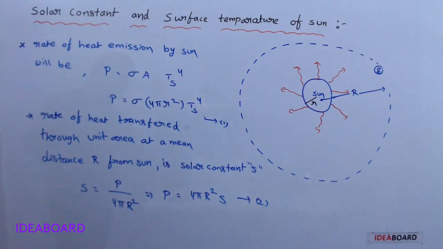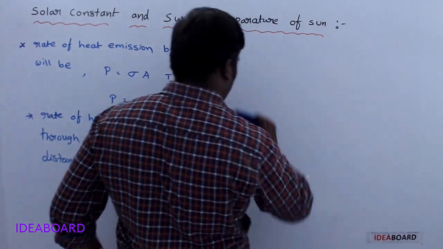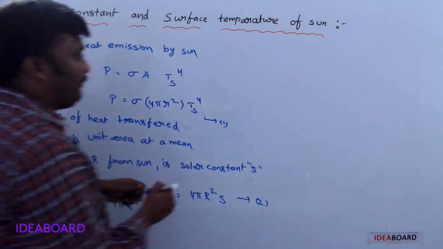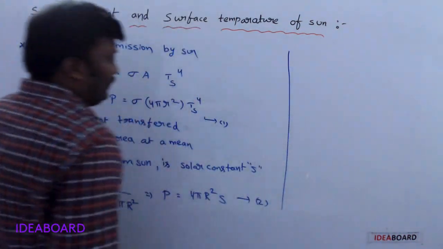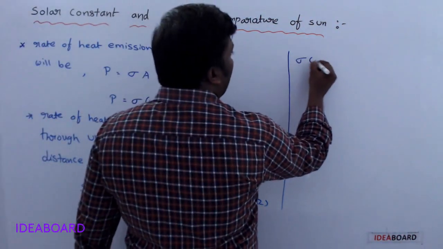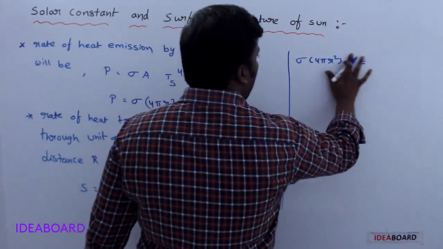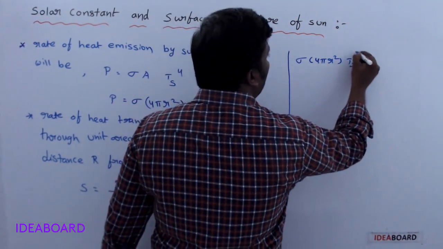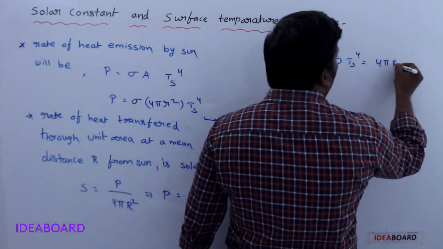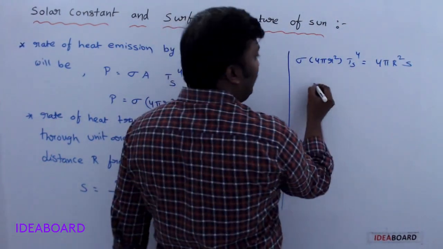From equations 1 and 2, we got the formula for P R naught. So both are equal to P. Equate 1 and 2. Then what do we get? Sigma 4 pi r square into Ts power 4 is equal to 4 pi R square S. We want the surface temperature of the sun.